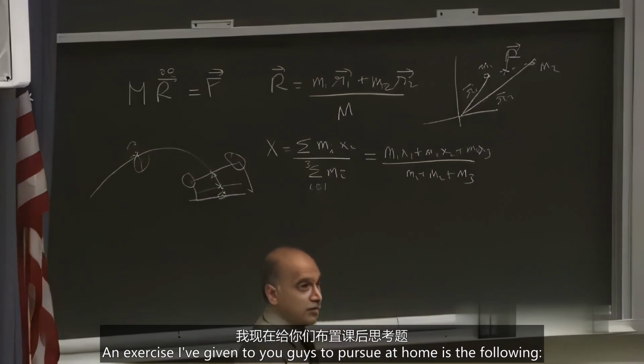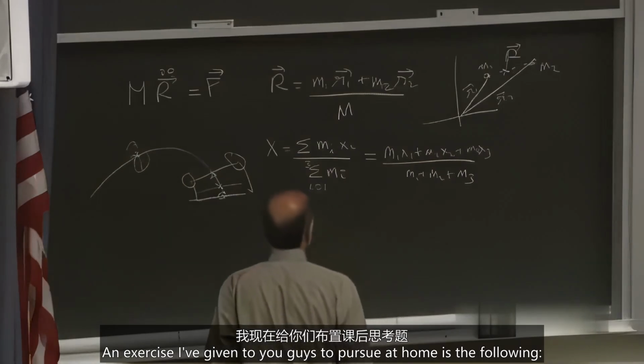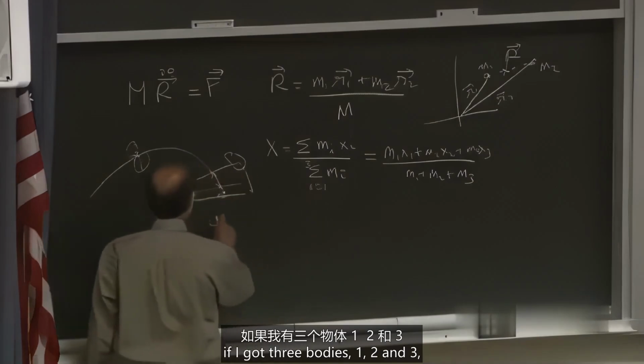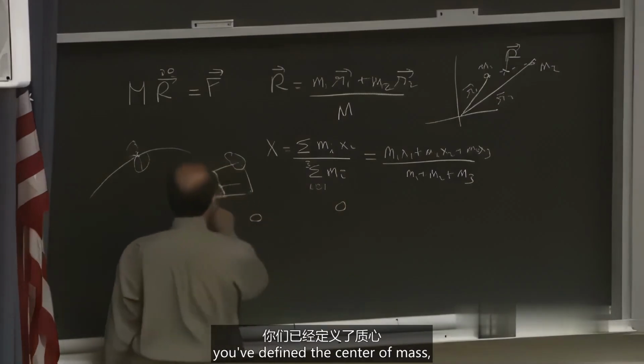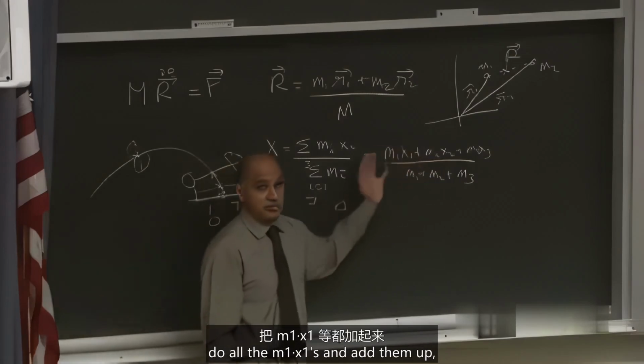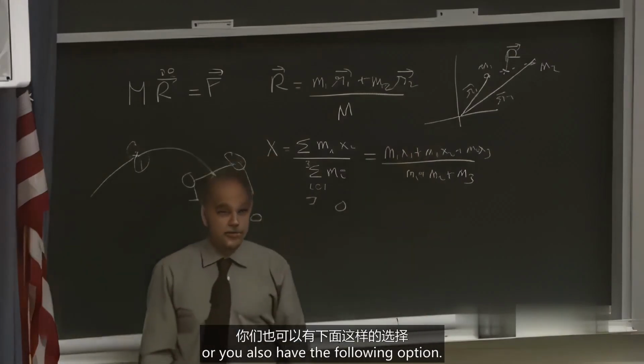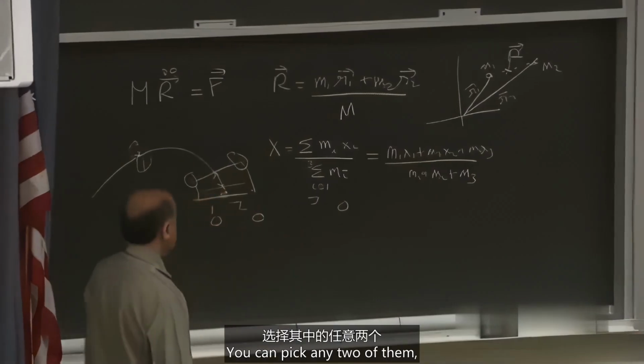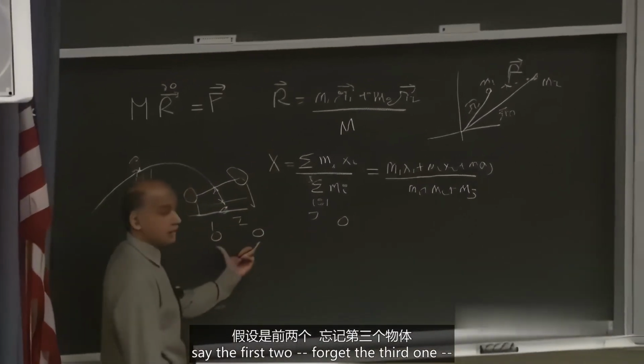An exercise I've given to you guys to pursue at home is the following. If I got 3 bodies, 1, 2, and 3, to find the center of mass, you can either go to this formula, do all the m1x1s and add them up, or you also have the following option. You can pick any 2 of them, say the first 2.